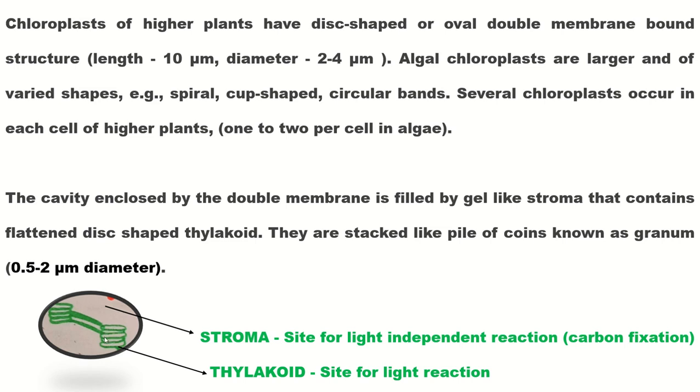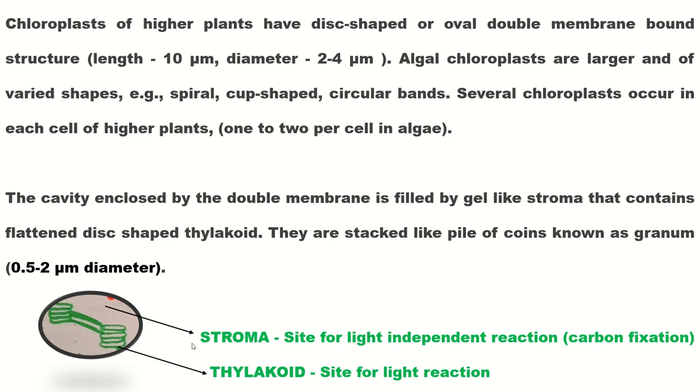Each of these flattened structures is known as thylakoid, and this entire stack is known as granum, singular granum, plural grana. It looks like a stack or a pile of coins with a diameter of 0.5 to 2 micrometer.